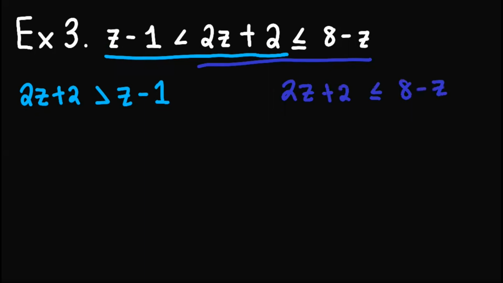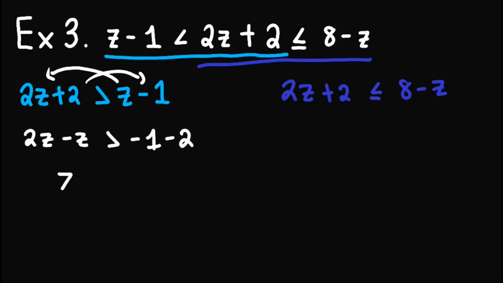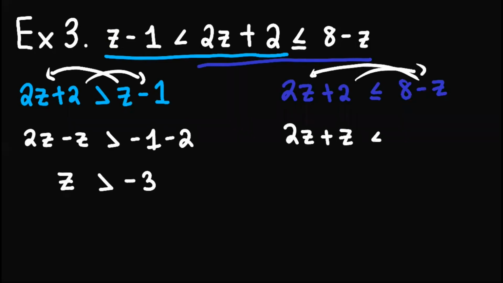So solving for the first one, we move the z to the left side and the 2 to the right side to obtain 2z minus z is greater than negative 1 minus 2. Simplifying, we'll have z is greater than negative 3. On the right side, moving the negative z to the left side and 2 to the right side, we'll have 2z plus z is less than or equal to 8 minus 2.